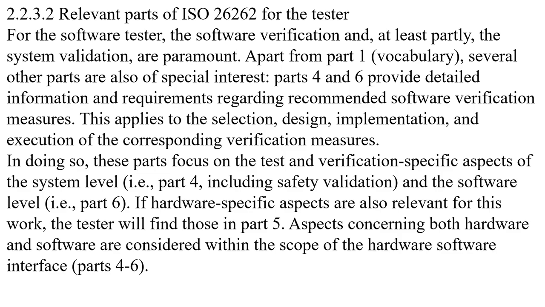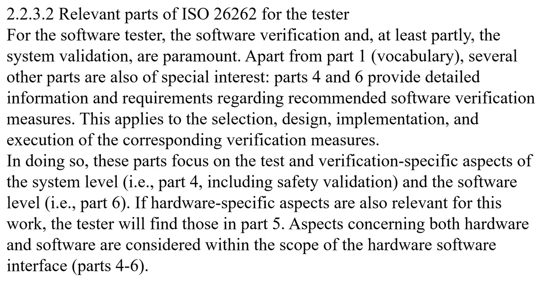Relevant parts of ISO 26262 for the tester. For the software tester, the software verification and at least partly the system validation are paramount. Apart from Part 1, vocabulary, several other parts are also of special interest.